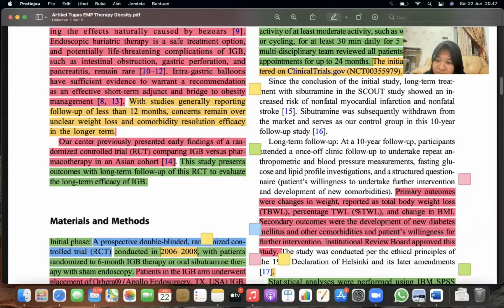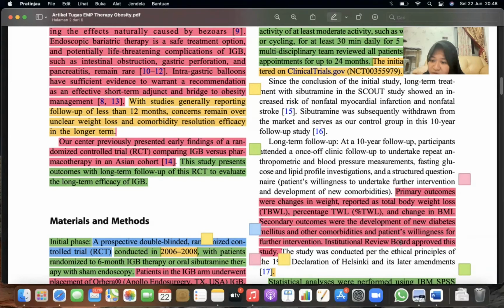Primary outcomes were changes in weight reported as total body weight loss, or TBWL, percentage TWL and change in BMI. Secondary outcomes were the development of new diabetes mellitus and other comorbidities and patients' willingness for repeat intervention.